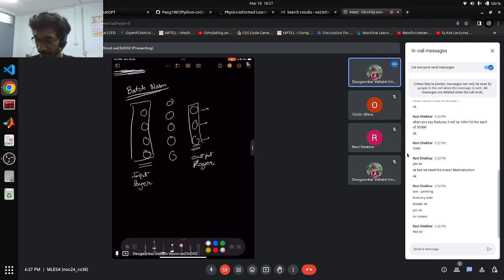Let's say these are your x1, x2, x3, x4. So you have 4 features and you want to classify them into 3 classes, and each output number denotes the probability of this input of 4 features belonging to class 1, class 2 or class 3.